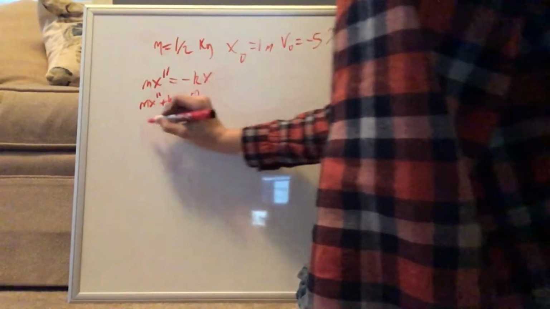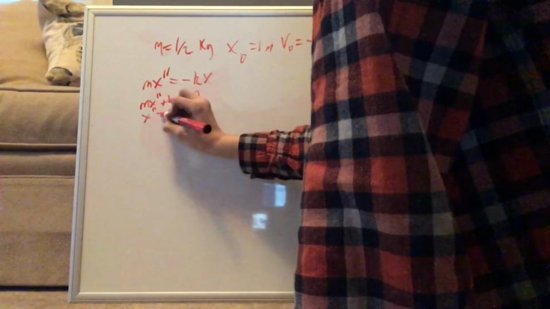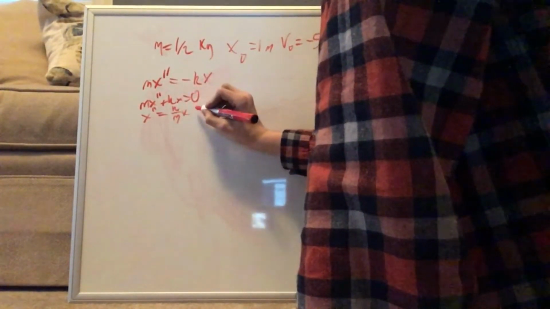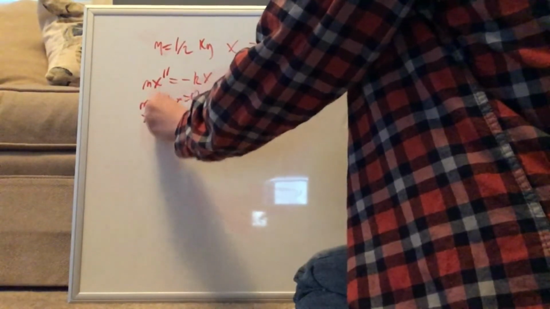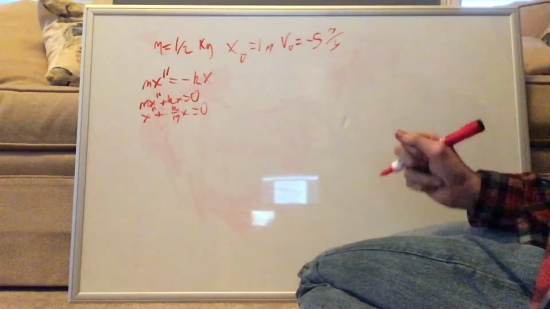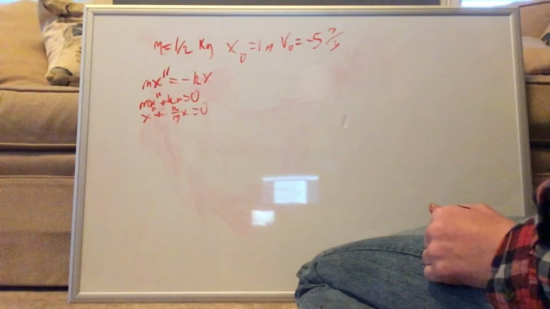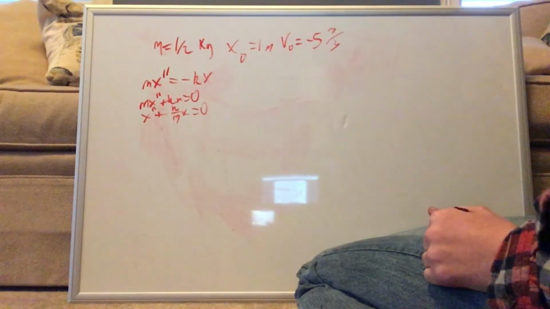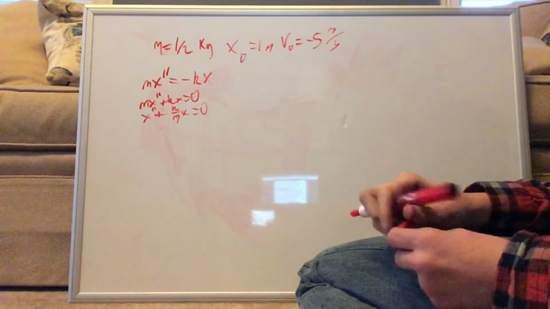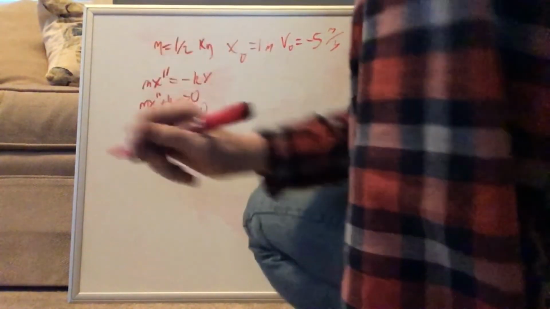Divide over the m, so x double prime plus k over m, x, equals 0. And now we are just going to solve that, which should be pretty simple. We can just kind of look at it and know how to solve it.